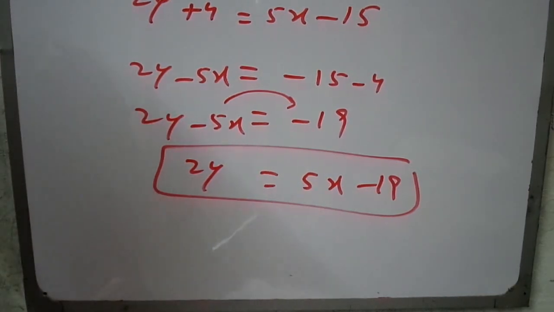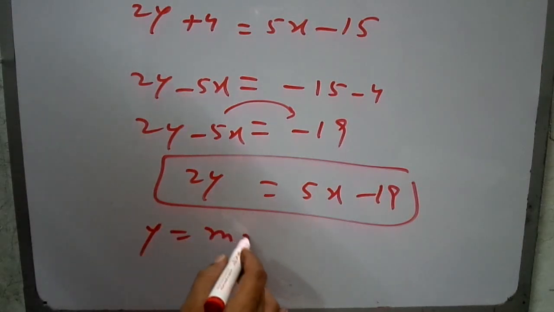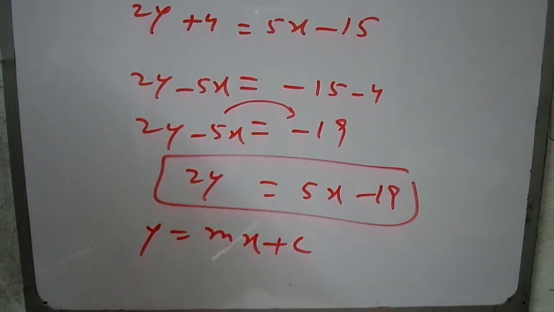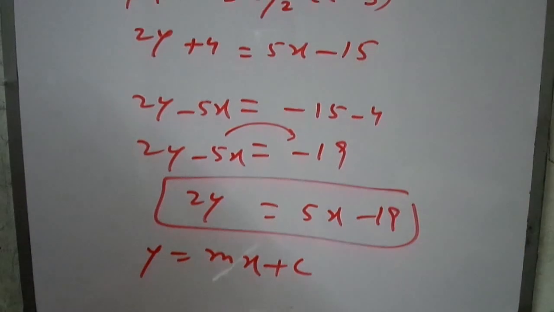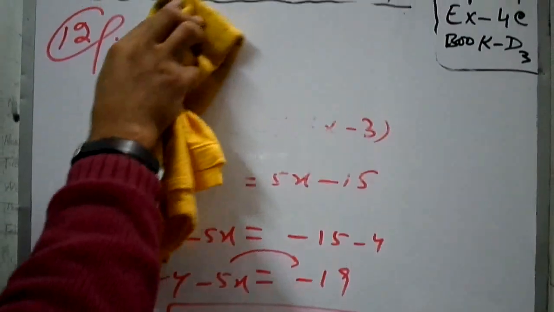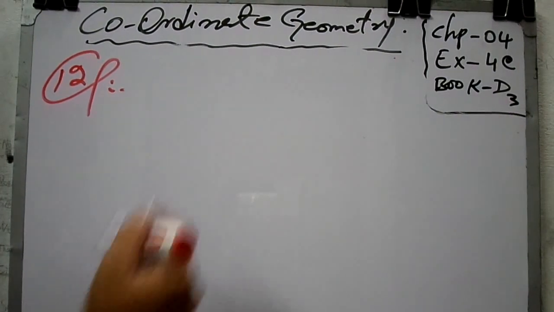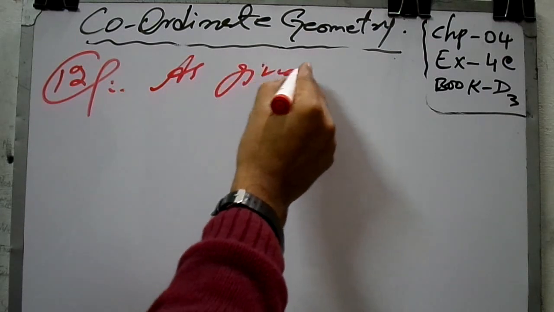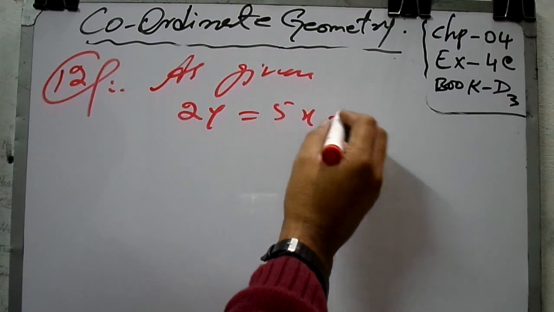But as given, the general equation is y is equal to mx plus c. It is also given another equation if you read the statement, that is 2y is equal to 5x plus 7. So it should be noted that the given equation is 2y is equal to 5x plus 7.